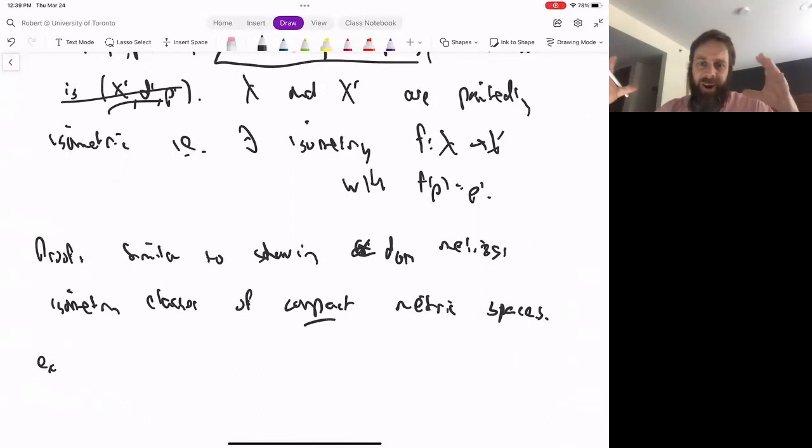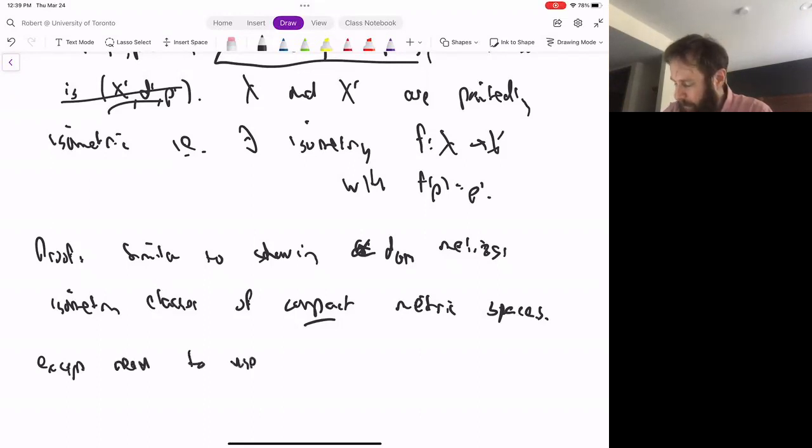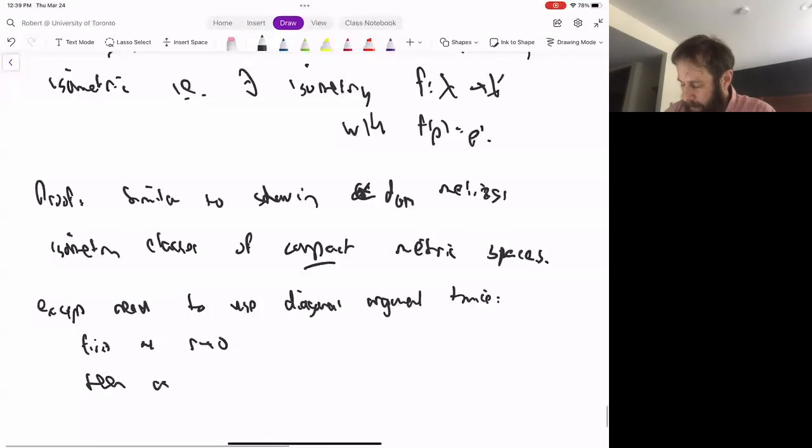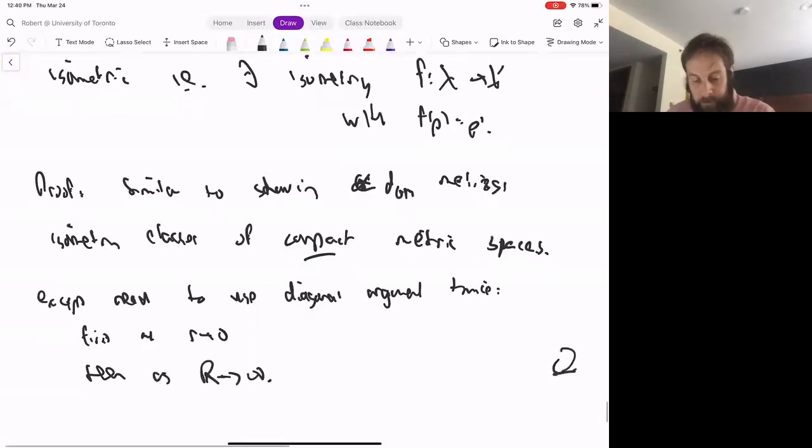In other words, you fix a big R, and you use a diagonal process to extract a limit from a subsequence as little r goes to 0, and then you use a diagonal process again to extract a limit of subsequence as big R goes to infinity.